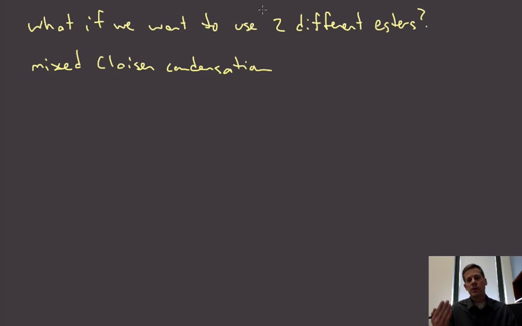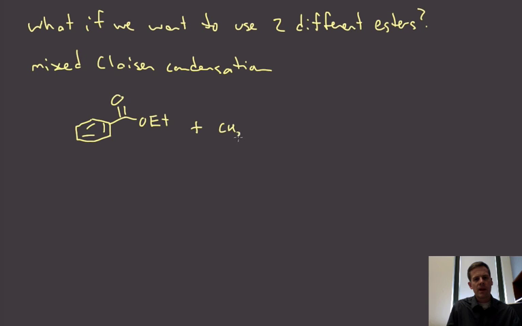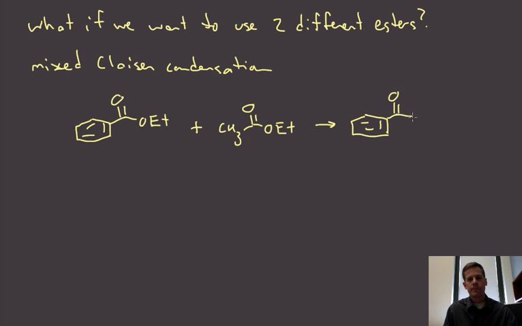So the way around that is, for example, you could use one component that can't enolize, right? So we could think about using an ester like this, ethyl benzoate, okay? And then we could pair that with another ester that can enolize, okay? And so this would give a Claisen condensation product like this.